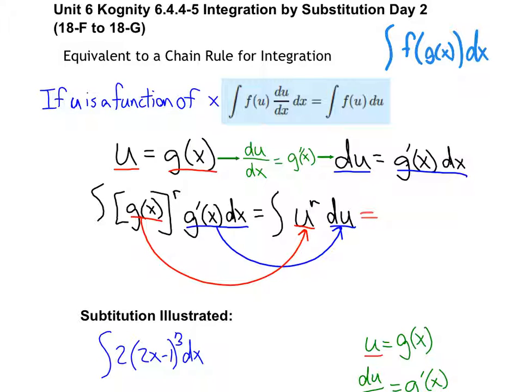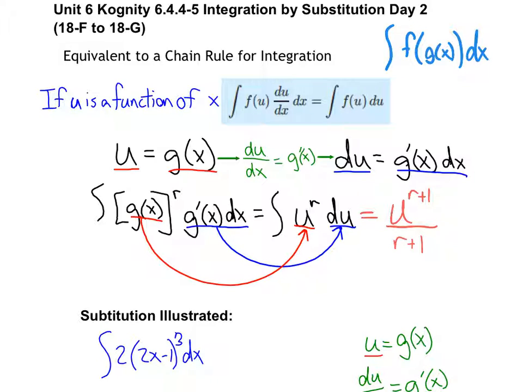What's the integral of something to the r power? It's u to the r plus 1 over r plus 1. So I do that, and then I didn't want my answer in terms of u. I wanted my answer in terms of x.